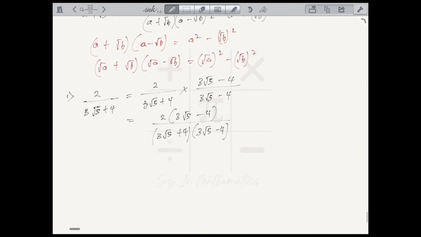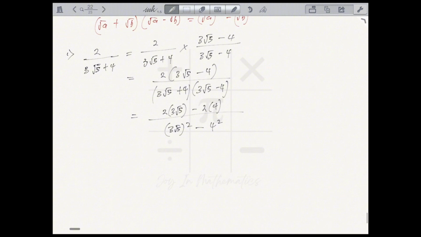Now, the denominator can be simplified as 3 root 5 squared minus 4 squared, when we apply the law of a conjugate multiplied by its surd. The numerator can be said as 2 multiplied by 3 root 5 minus 2 into 4. So it's quite easy. The numerator will result into 6 root 5 minus 8, and the denominator will result into 3 squared multiplied by 5 minus 16.